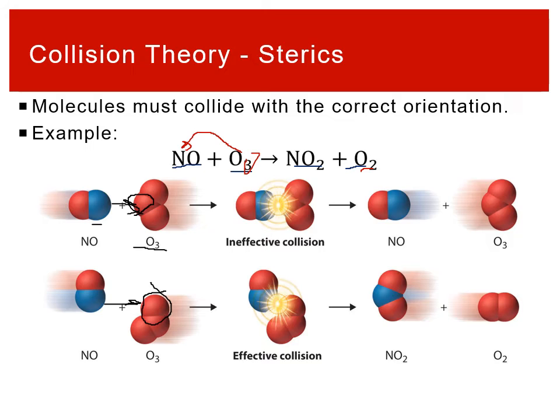So it's not just that the nitrogen needs to form a new bond to the oxygen, but that oxygen atom that was in the O3 molecule needs to be removed from the O3 molecule. So in this case, you would just be breaking this bond right here, removing the oxygen off of the end of the molecule. So there's a lot of requirements when it comes to having these orientations line up just correctly.